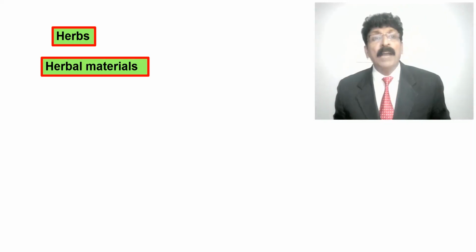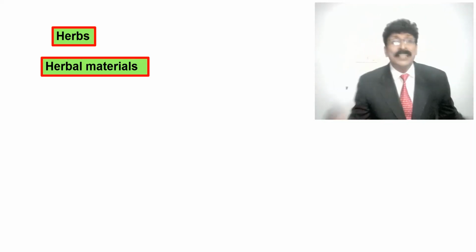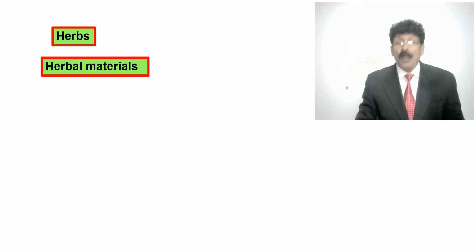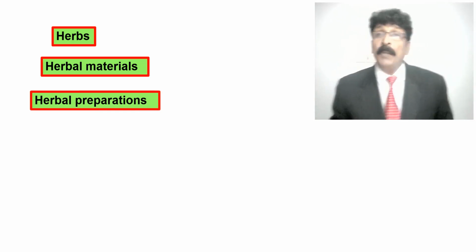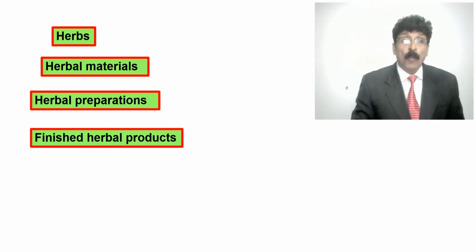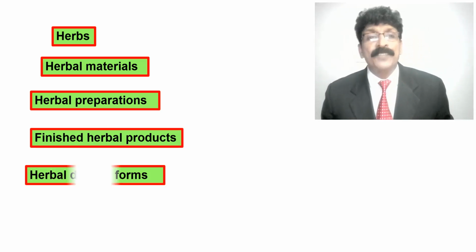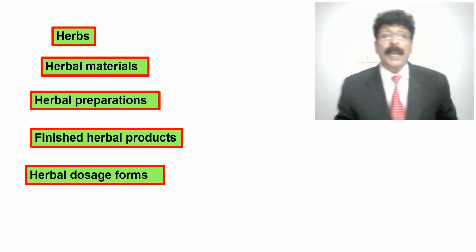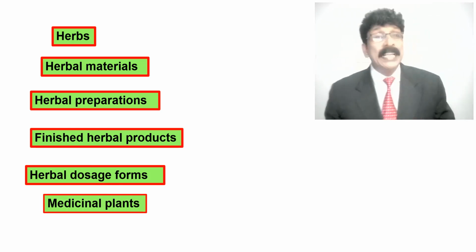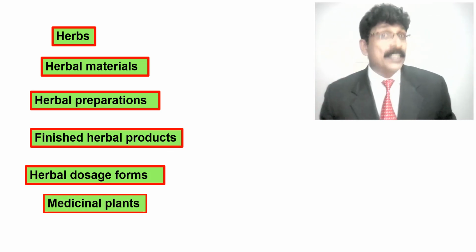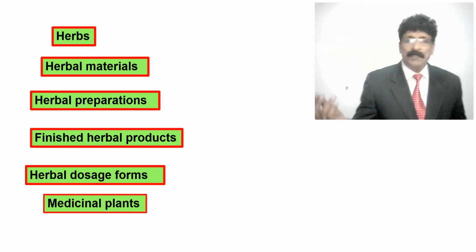And we are going to see what herbs are, what the herbal material definition is, what herbal preparations are, what finished herbal products are, and what we mean by herbal dosage forms. What do you mean by medicinal plants? Medicinal plants means herbs which are used for medicinal purposes.